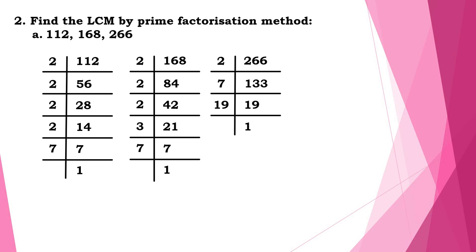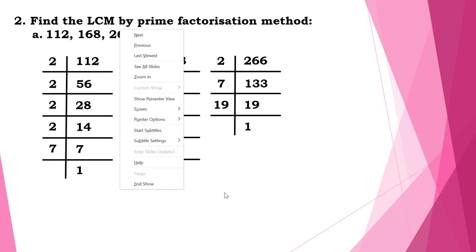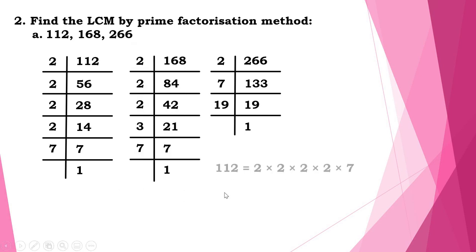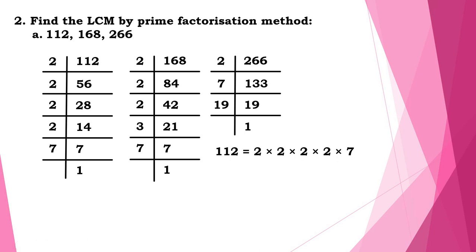So 112 will be written as 2 into 2 into 2 into 2 into 7. 168 will be written as 2 into 2 into 2 into 3 into 7, and 266 will be written as 2 into 7 into 19.